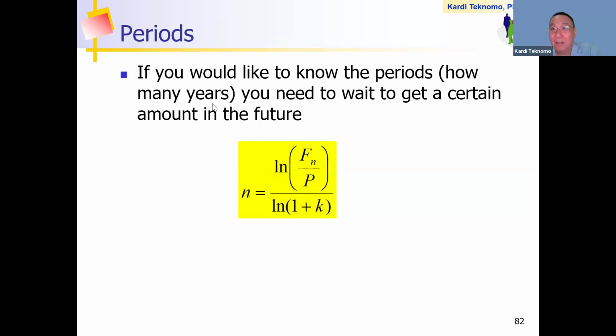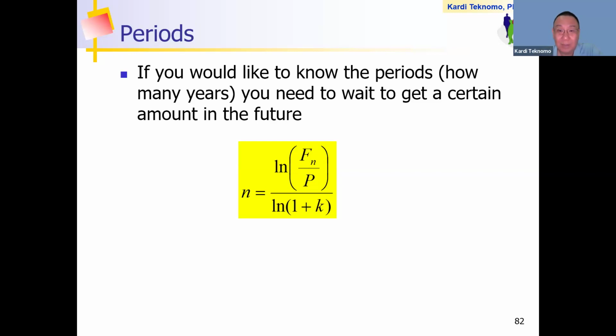So if you would like to know how many years you need to wait to get a certain amount in the future, you know F, where F means the future, P is the present, and you know the interest rate. Of course, now you can get the N using this formula. You can derive this easily from the earlier formula.